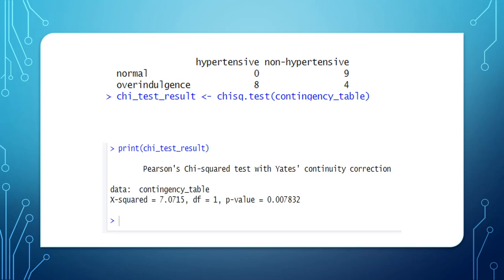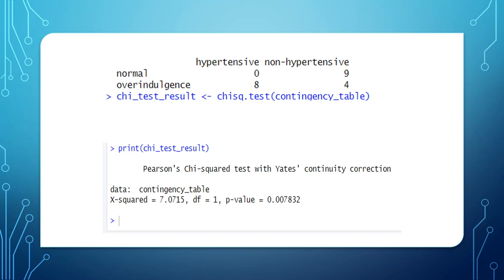The p-value is 0.007832. The p-value tells us the probability of obtaining a test statistic as extreme as or more extreme than the one observed if there was no relationship between caloric intake and systolic blood pressure. Since the p-value is 0.007832 and less than the significance level, assuming 0.05, we reject the null hypothesis.